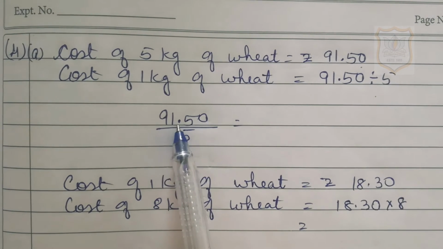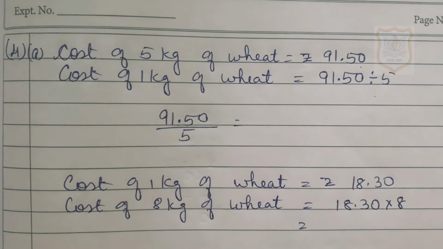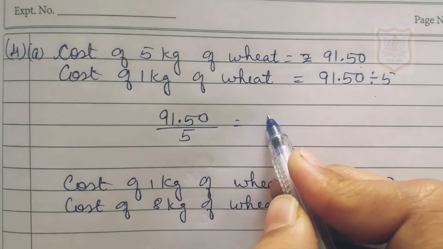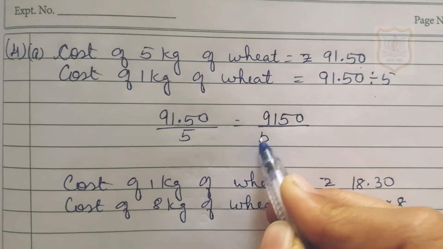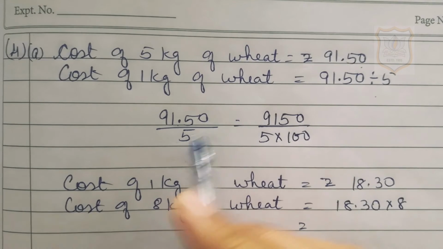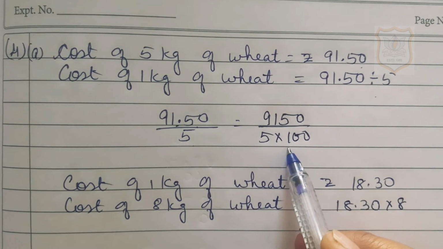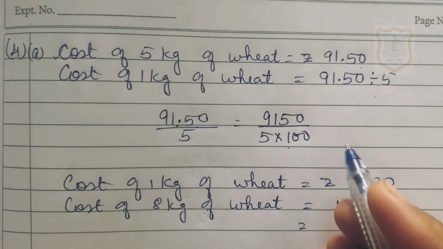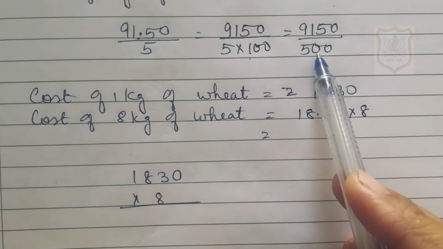So 91.50 upon 5 we will write here. First we will remove this decimal. To remove the decimal, we will multiply numerator and denominator by 100, as after decimal 2 digits are there. Now the number so formed is 9150 upon 500.